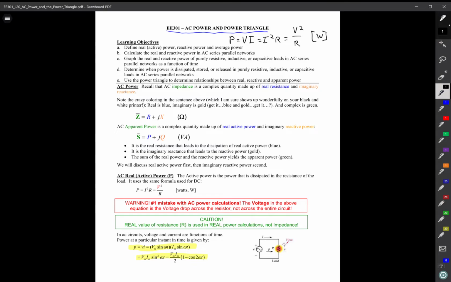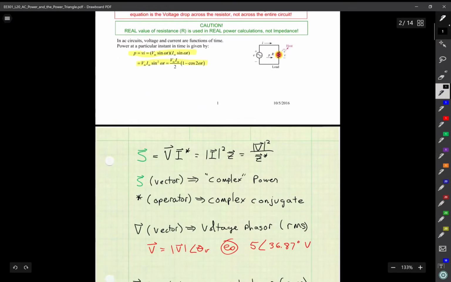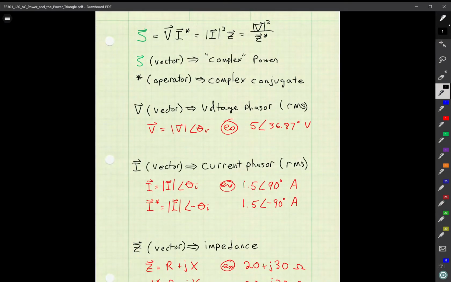Now, there is a rigorous mathematical model we use to calculate power in the phasor domain, and it looks similar to its cousin in DC circuits. We say that S, with an arrow on it indicating a vector, is what we call complex power.